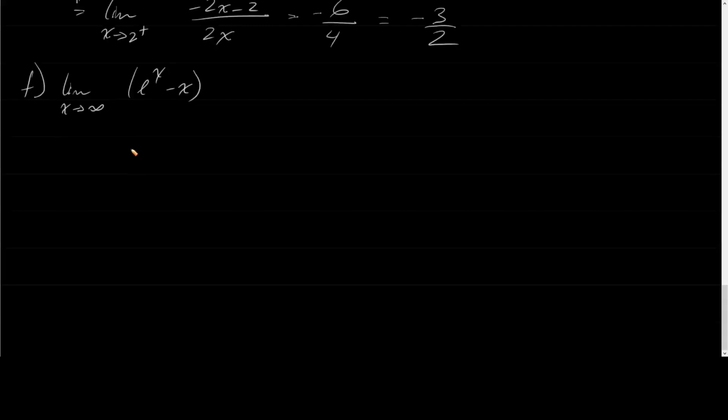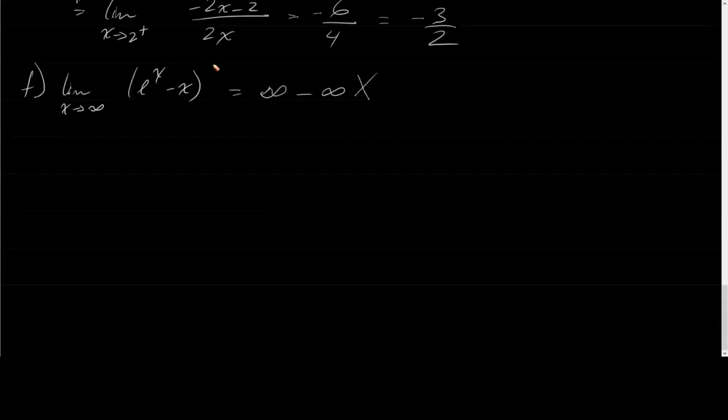Now in here, when I plug in infinity, what do I get? E to the infinity is infinity minus, plug in infinity. Look at that, infinity minus infinity. Now that's indeterminate. We don't like that.